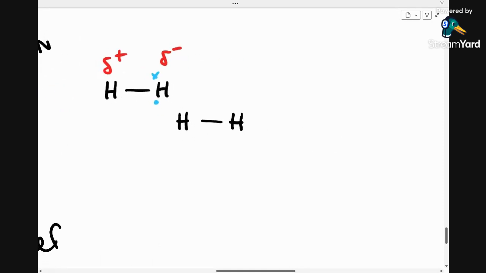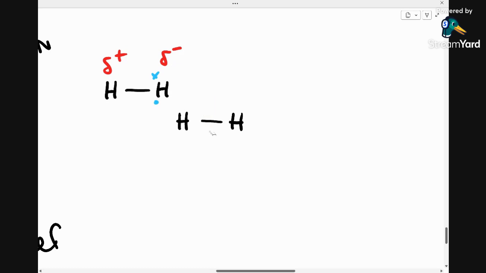What that will do is, to any molecules of hydrogen gas nearby, the delta negative on this hydrogen will repel any electrons sitting around the neighbouring hydrogen. So these electrons here, for example, will get pushed away if these two molecules are close enough, because of the delta negative here causing repulsion.